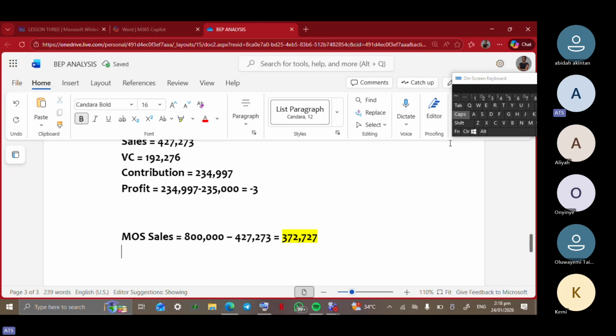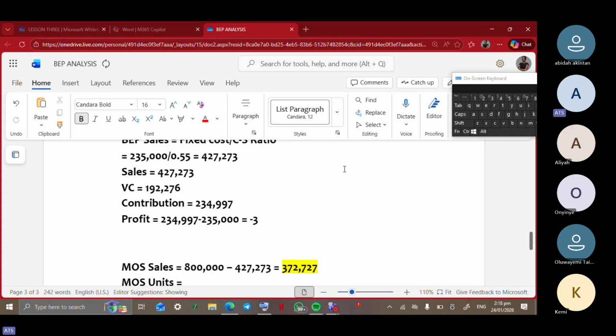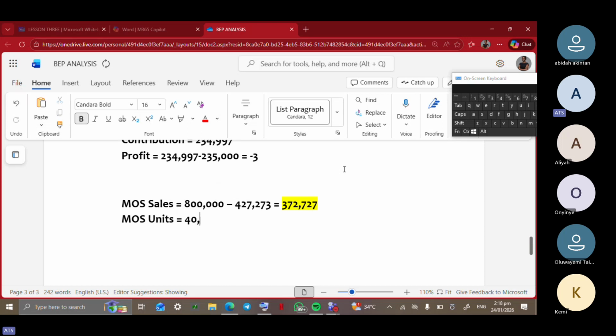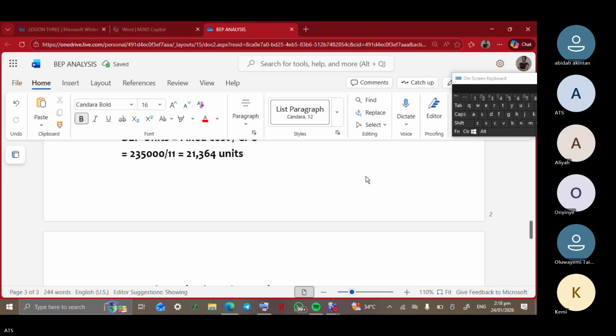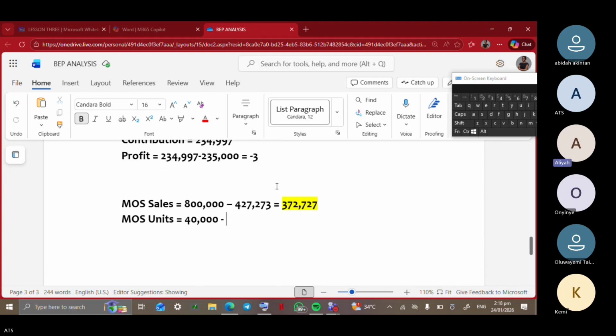So if you are looking for units now, what would that one be? Budgeted units minus break-even units. So how many units did we sell at normal sales? It was 40,000 units. And break-even units was what? 21,364.